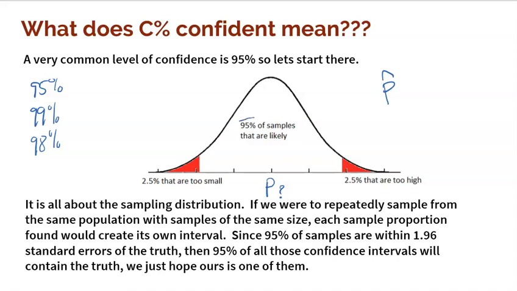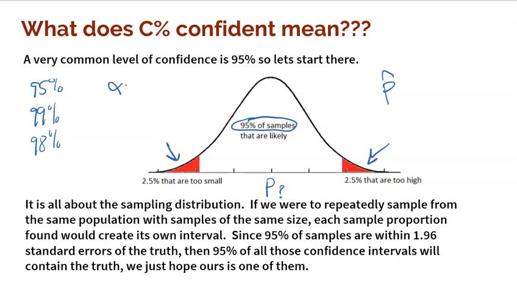And what we know is that 95% of samples will produce a p-hat that is in this middle area. The only way you could be down here is if you were one of those bottom, significant, weird, super low 2.5% of samples that, honestly, we don't really work with, because I don't want to say we don't work with them, but they're rare. They're significant. They don't happen very often.